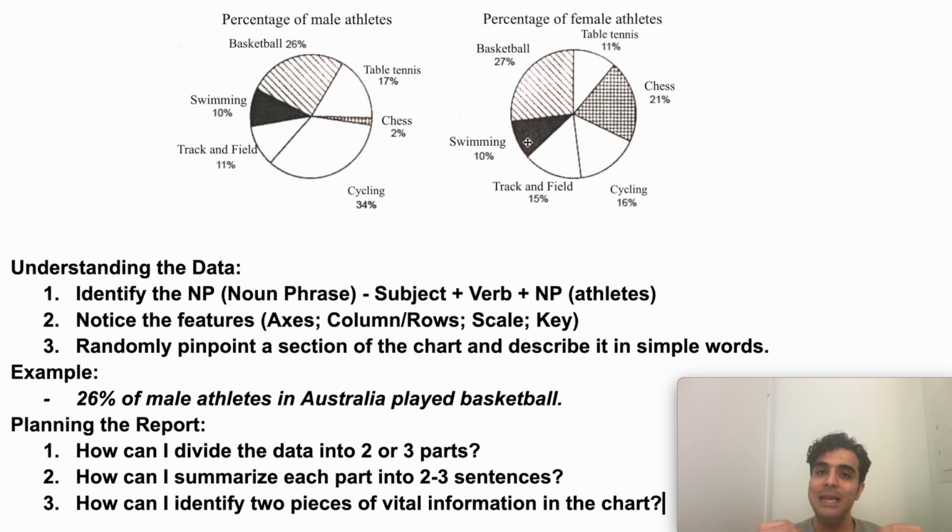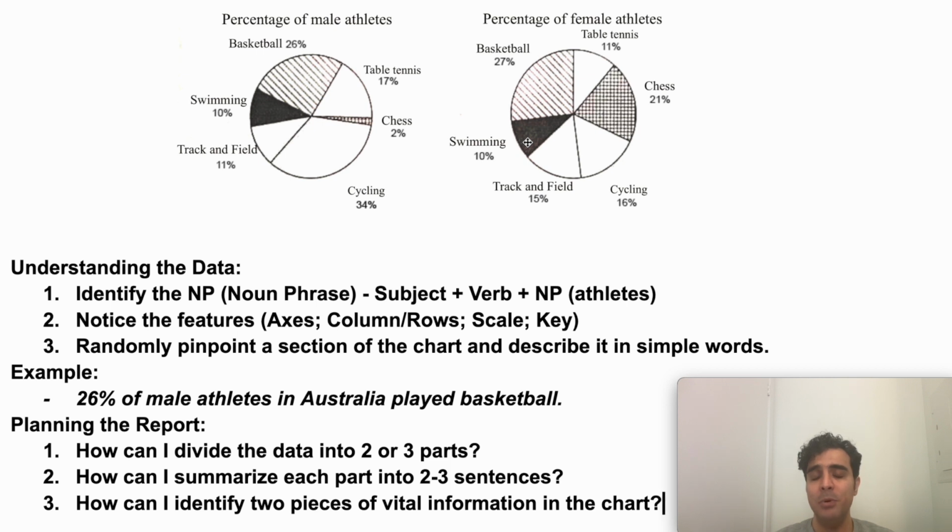So as you can see, when it comes to identifying this vital piece of information, if you have a combination chart, like these two pie charts that you can see here, I want you to compare the two and see what kind of meaningful similarities or meaningful distinctions you can find.